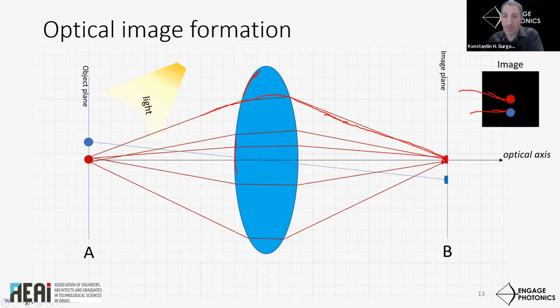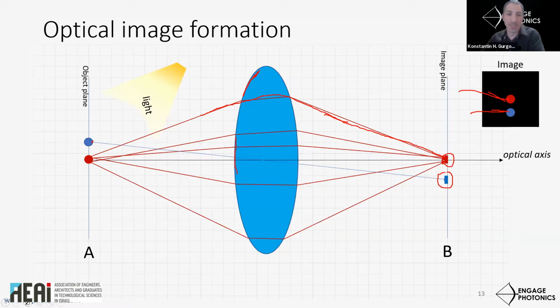So what you see here is that due to the path of light rays through the lens, the blue object is below the red object. So the image is always flipped relative to the object.